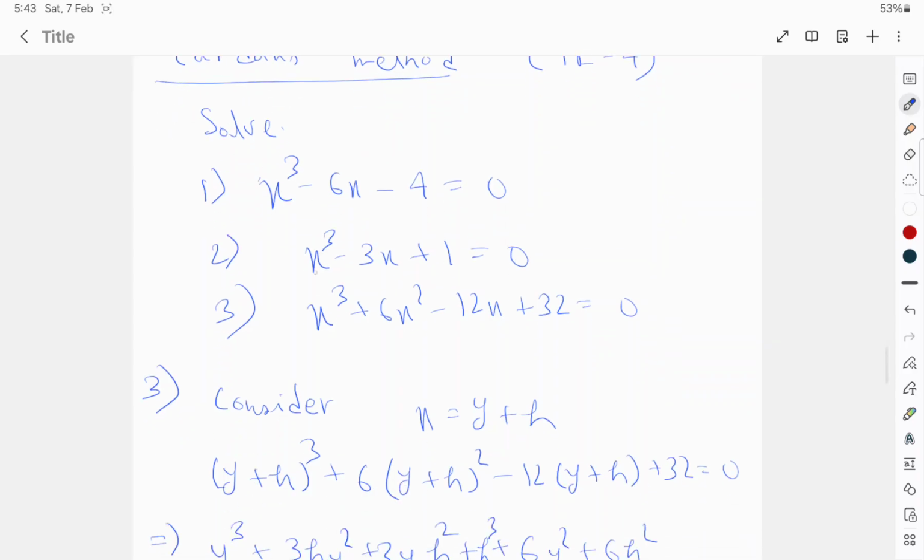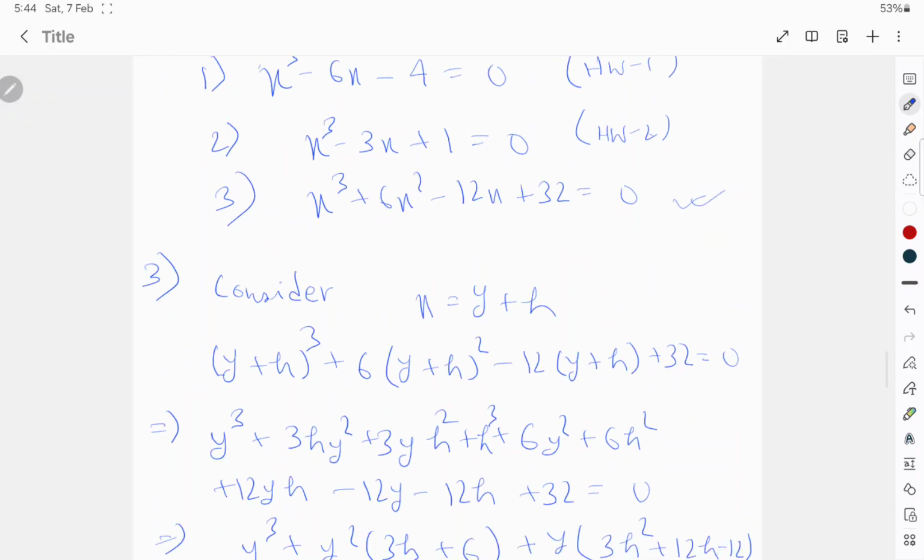Okay, so these three problems are from your past 3 years. I have taken them, and I am doing the most difficult one. You see, there are so many terms. So I am trying the third one. The remaining two are your homework 1 and homework 2, but it is your choice.